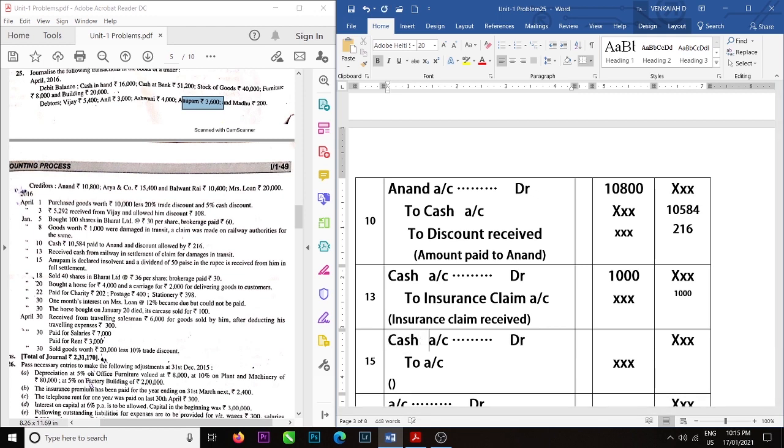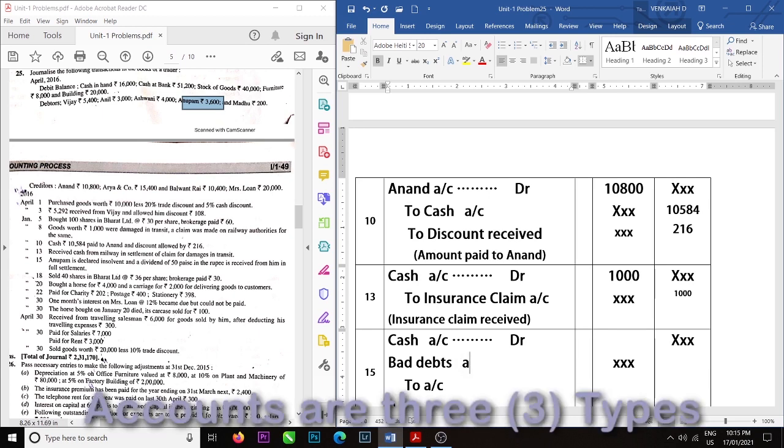Cash account debit, bad debts account debit to Anupam account.